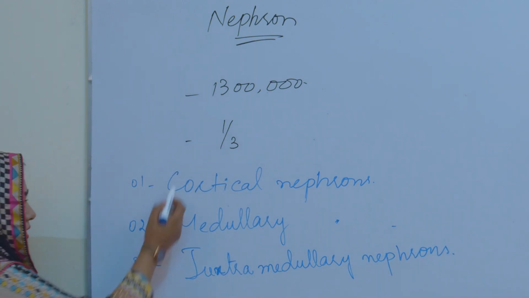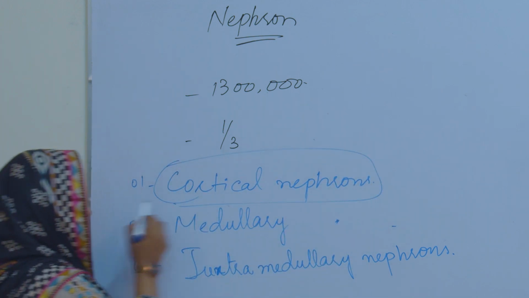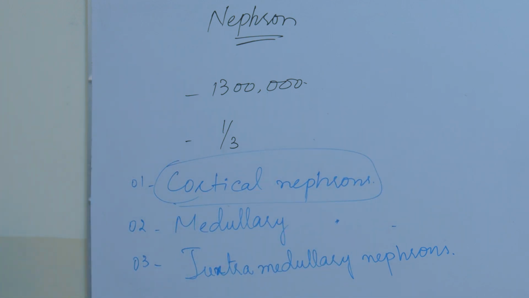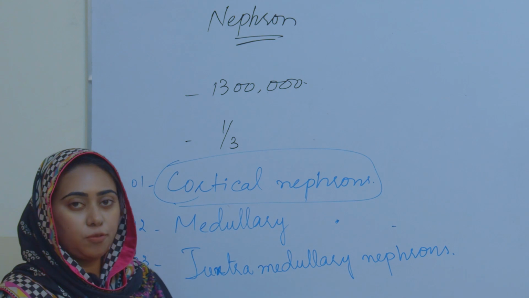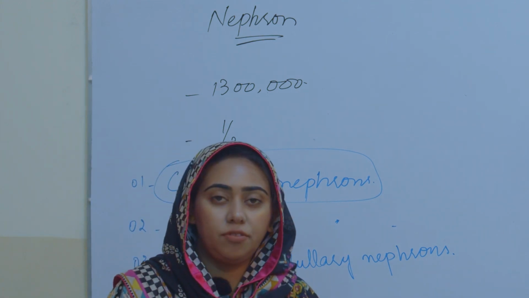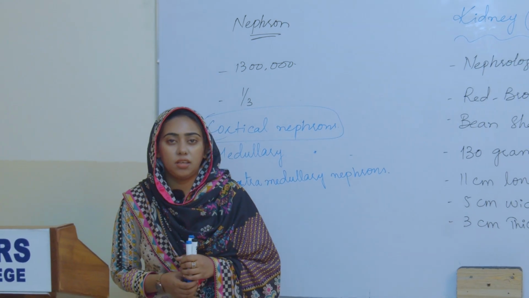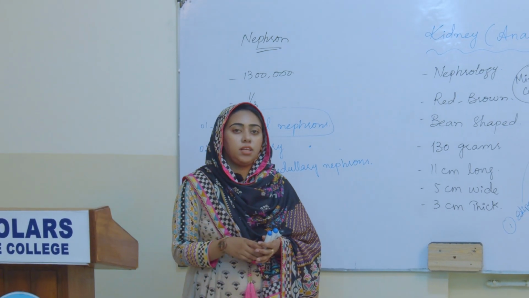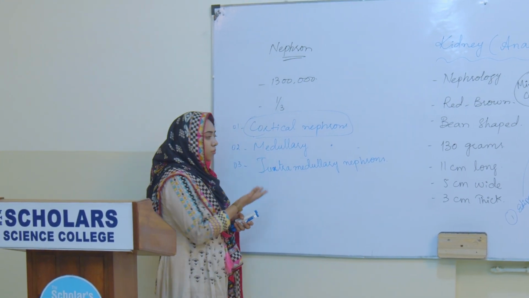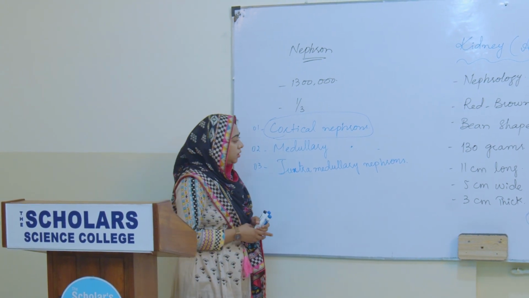More of the nephrons present are cortical nephrons. Cortical nephrons are called cortical because they have their Bowman's capsule and glomerular capillaries inside the cortex, while medullary nephrons are called medullary because they are in the medulla.